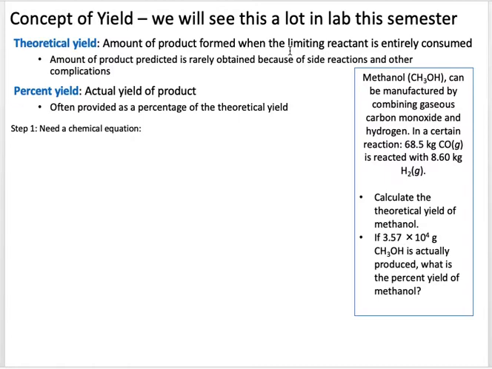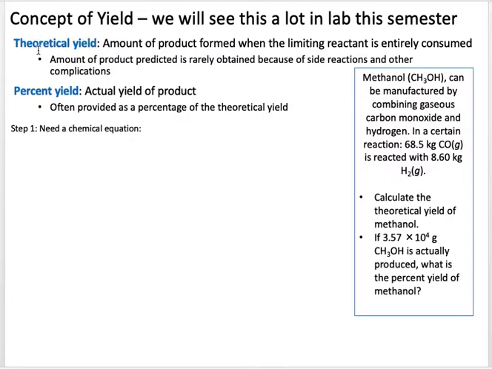Maybe you spilled a little bit of material when you were collecting it, or you weren't able to scrape every last little bit out of the bottom of the beaker, and therefore the amount of product that you collect at the end is probably not the same as what you would get if you did the math on paper for the reaction.